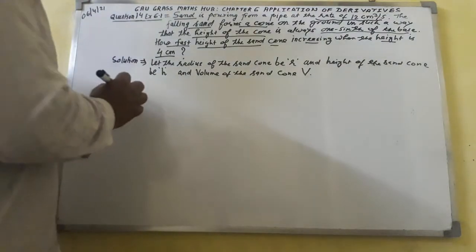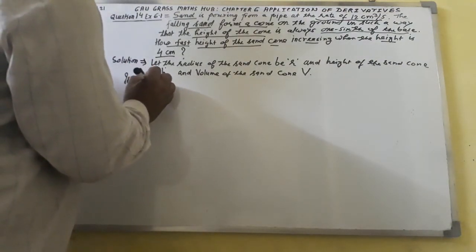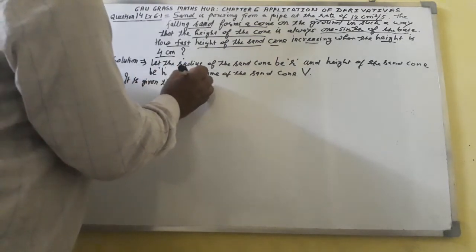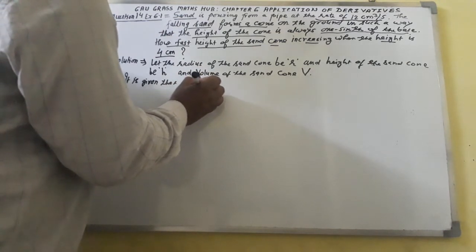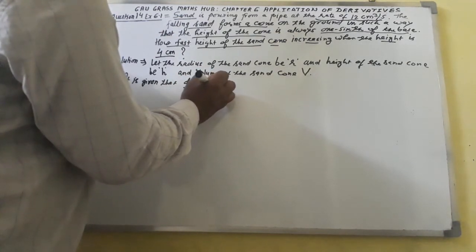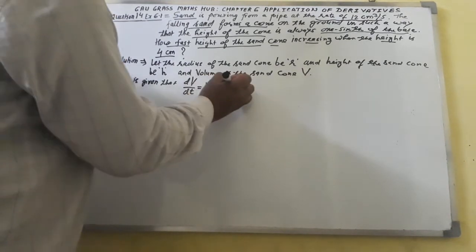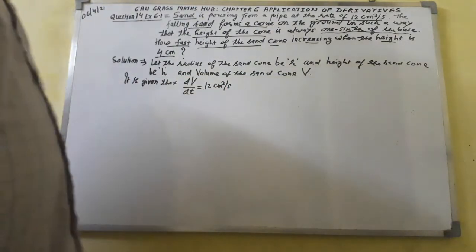So here I shall write, it is given that dV over dt is equal to 12 centimeter cube per second.